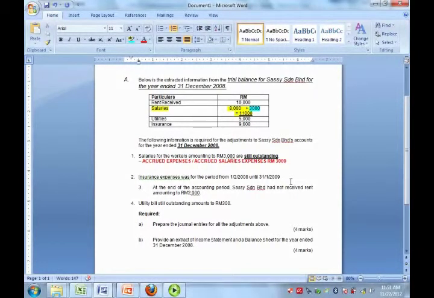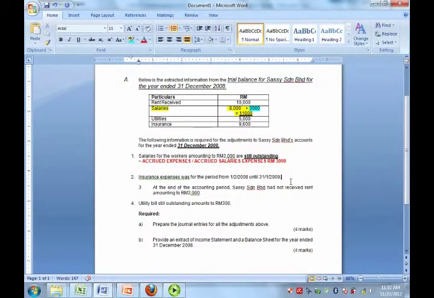Yes, 31st December 2008. So, it means that you have paid for January 2009. Can you include that expense in your income statement? No, because referring to the matching concept, you only record expenses that were incurred for the same period.